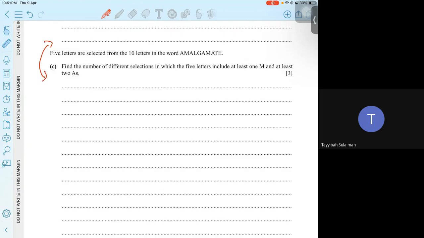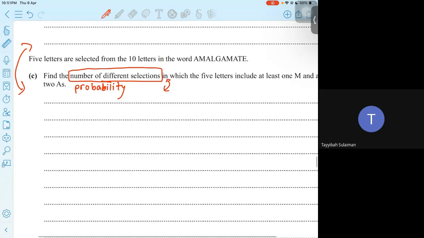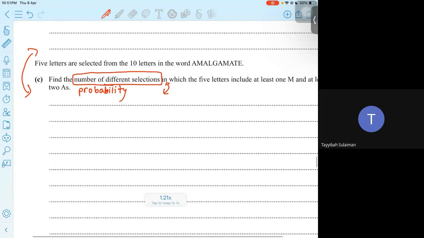The first is different selections: find the number of different selections in which so and so. The second is find the probability. You will see that oftentimes your answer does not match in the margin just because of the difference between these 2 questions.